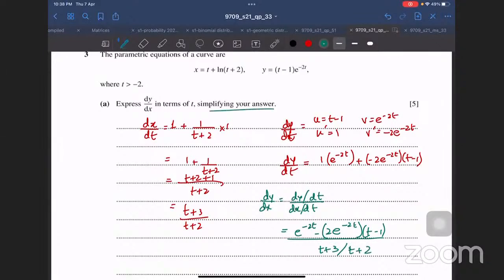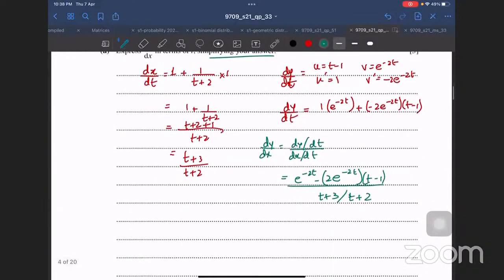It says simplifying your answer, so I need to simplify this further as well. Let's see what I can simplify. I know that I can factor out an e power minus 2t in the numerator. So I get 1 minus 2 times (t minus 1), and can I write this as divided by (t plus 3) over (t plus 2)?